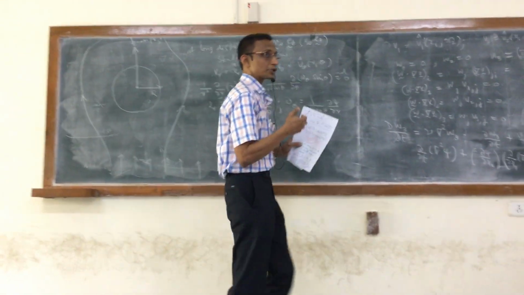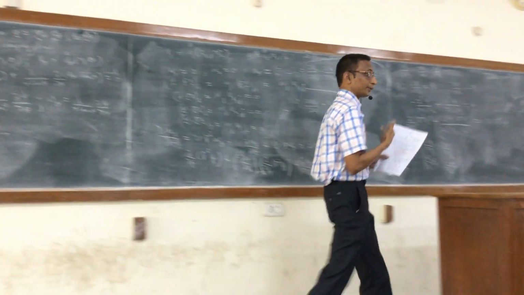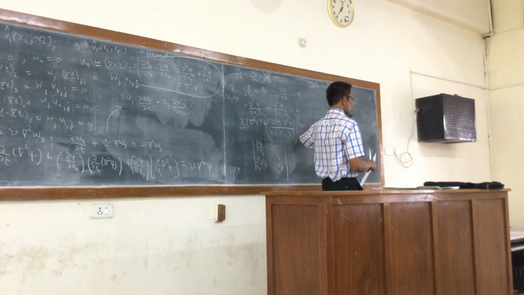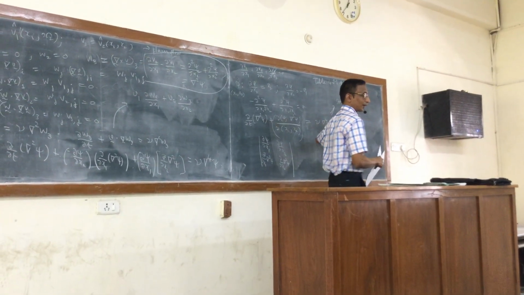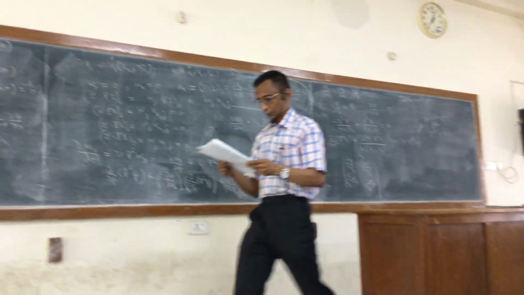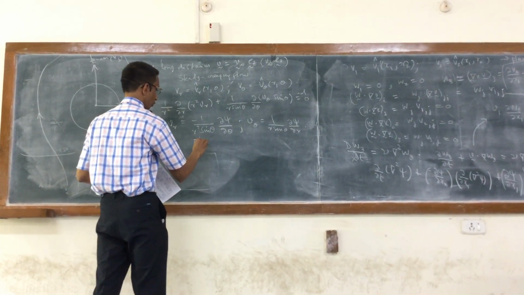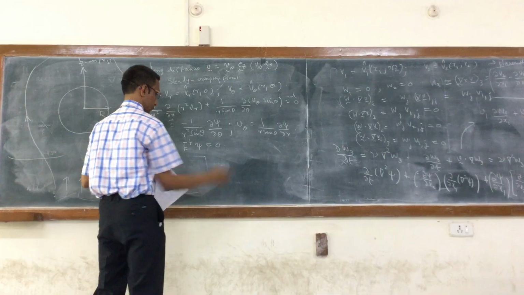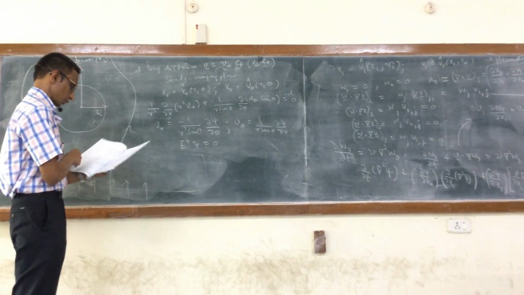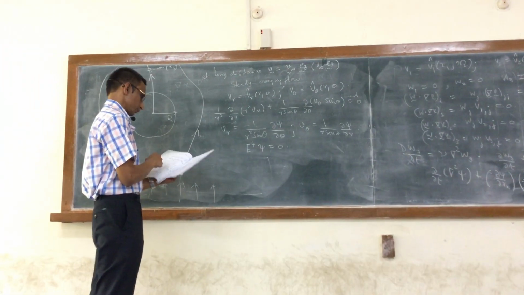Now, what about the equation itself that will determine psi? It will again be a fourth order equation, but it will not be Laplacian of psi equals 0, but rather this new operator E to the power 4 psi equals 0. How is E to the power 4 defined?